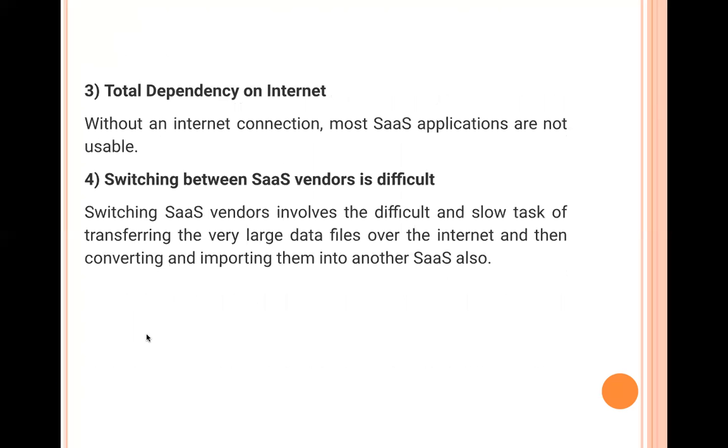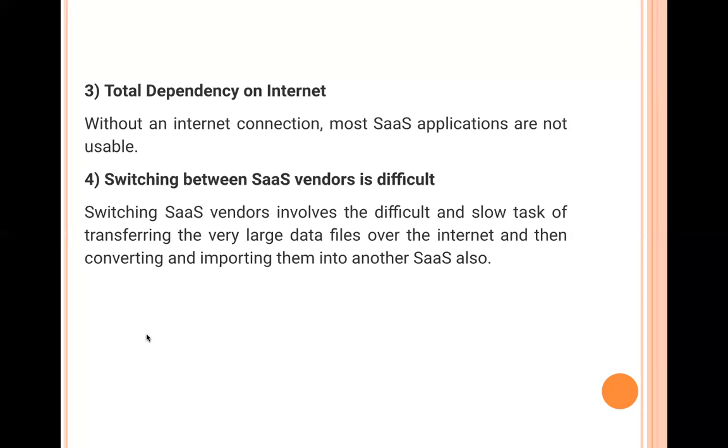The next disadvantage is the dependency on the internet. If our internet connection is strong, then we can use SaaS. If we don't have an internet connection, we cannot use SaaS services. Switching between SaaS vendors is also difficult.